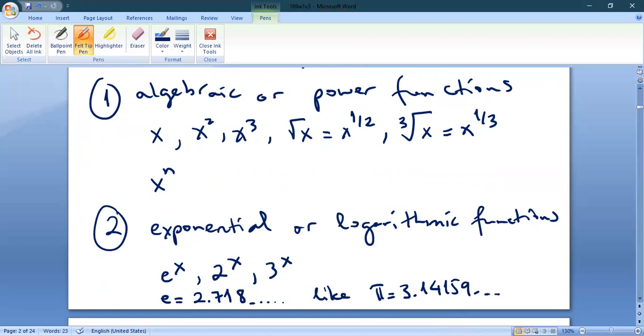It's a transcendental number. Just like that, e is a number like that. We will see why we call it e when we come to the derivative business, because it's a very special number, but we will talk about it there. The log functions could be log 5 of x, for instance, or log 100 of x, and so on and so forth.